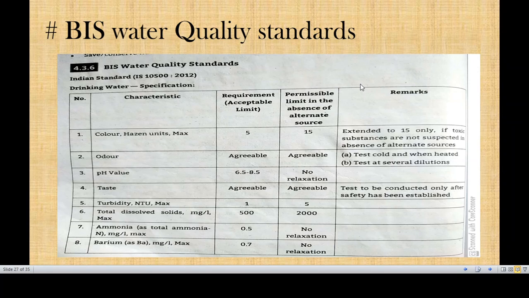It is one of the forms of a norm which the government has put forward to specify the drinking water quality, to measure the drinking water quality standard, so that it can be provided to the people of India for the sole purpose of drinking. So it is basically used more for drinking water.